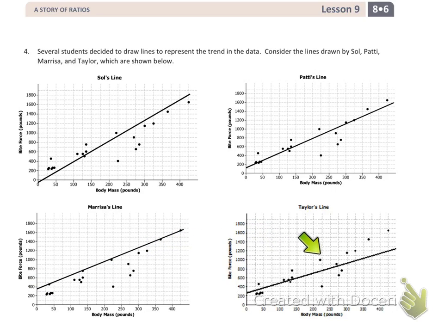Okay, and let's look at Taylor's line. Taylor's looks pretty good too, but if you compare Taylor to Patty, you can see that Patty just fit all the data better. It looks like Taylor was trying to get close to some of these points, but for these larger crocodiles out here, again, he's going to underestimate their bite force.